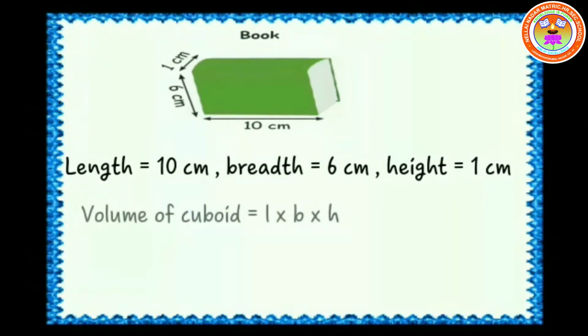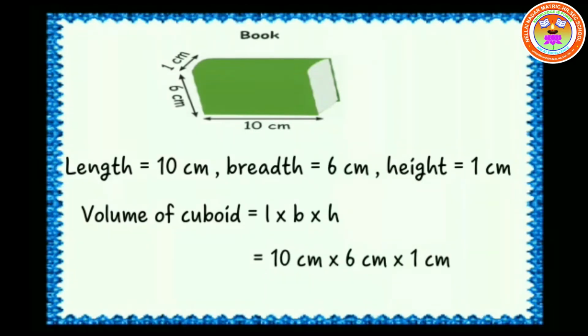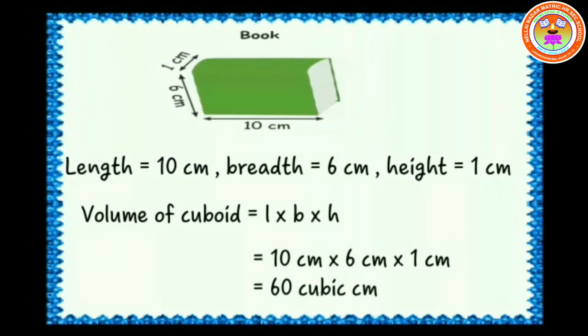Hence, volume of cuboid is length into breadth into height. 10 centimeter into 6 centimeter into 1 centimeter. 10 into 6, 60. 60 into 1, 60. 60 cubic centimeter.